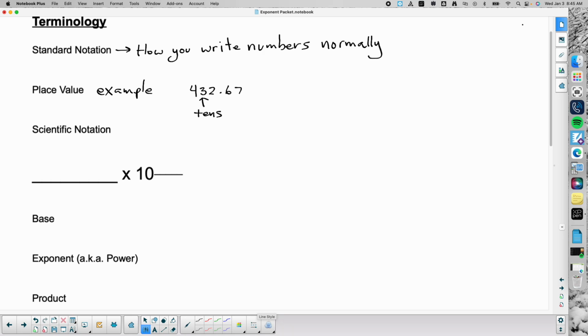Scientific notation is a way to write very large or very small numbers shorter.